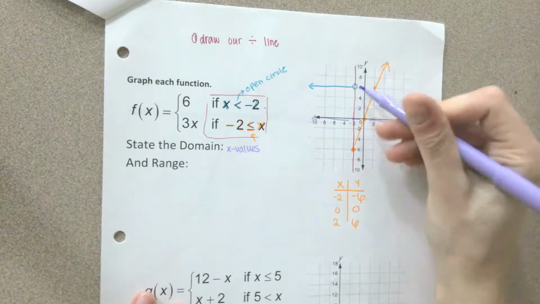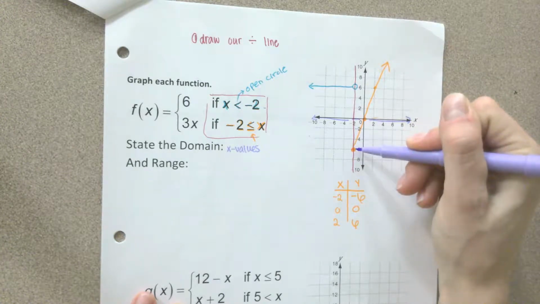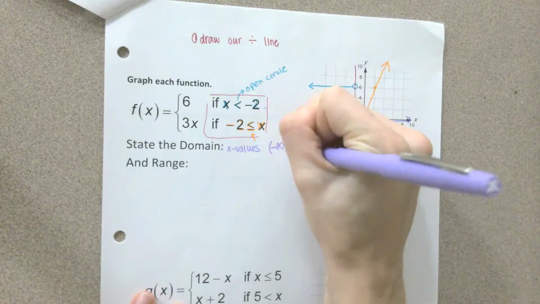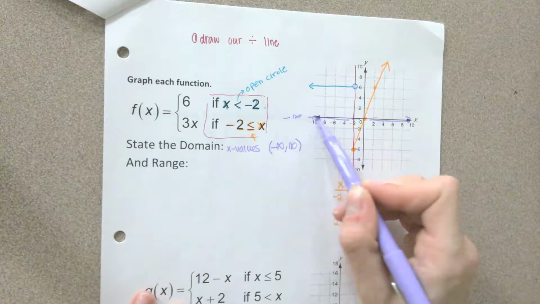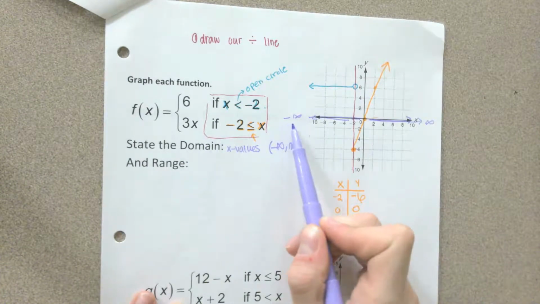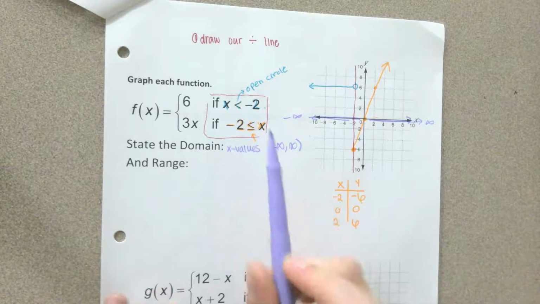And we are including x equal -2, because we have this closed circle here. So that means that our domain includes all values from -infinity to positive infinity, because it includes all of the numbers on our x-axis, okay?